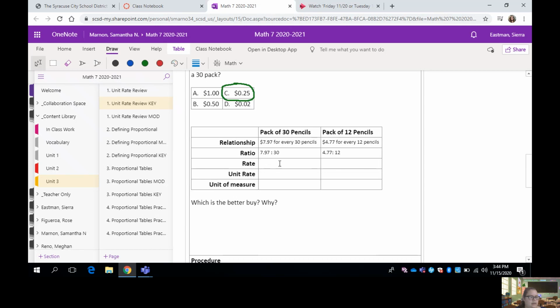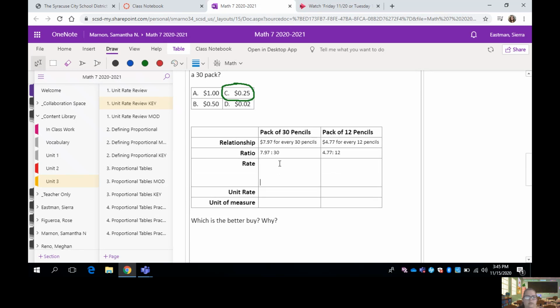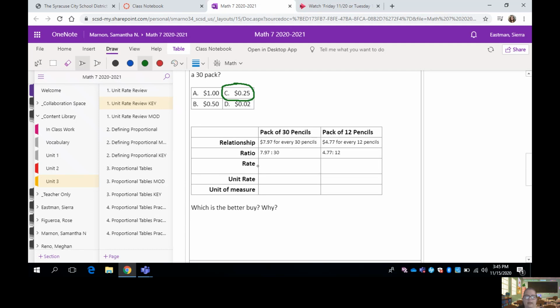The rate here, we could write as $7.97 over 30. I'll type it here and use my math tool. I'll show you guys how to do that if you don't know. $7.97, I'm going to put my slash here for 30.